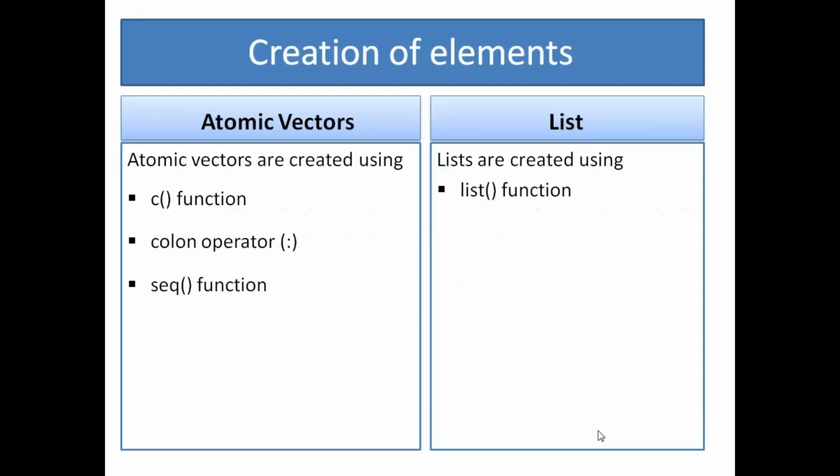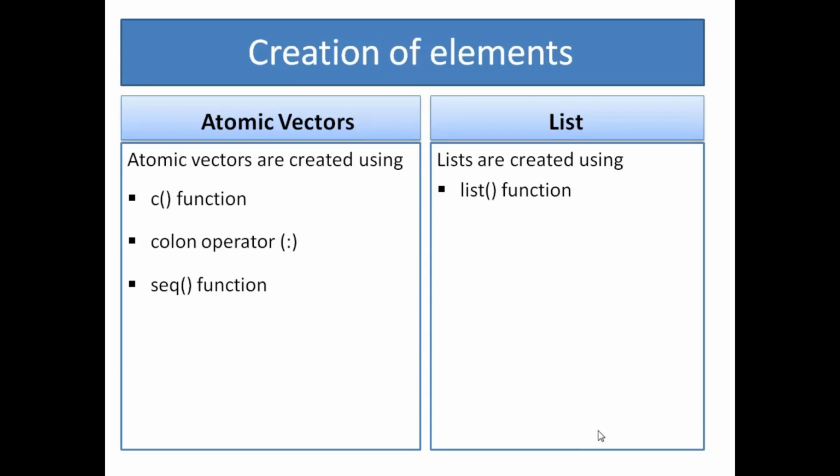Now, how to create the elements? In case of atomic vectors, we can create the elements using the c function. Another way of creating elements is using the colon operator or using the sequence function, that means the seq function. So there are three different ways of creating atomic vectors.